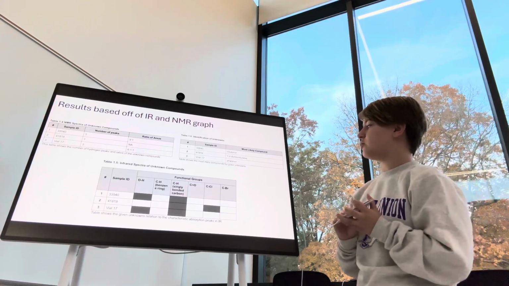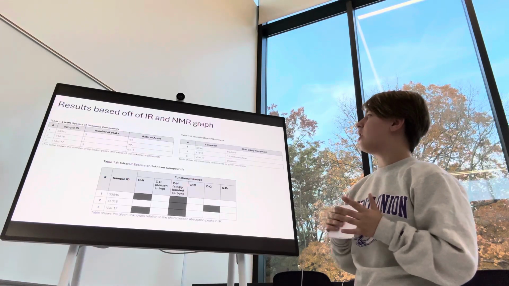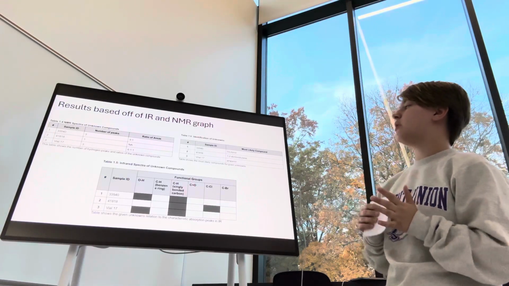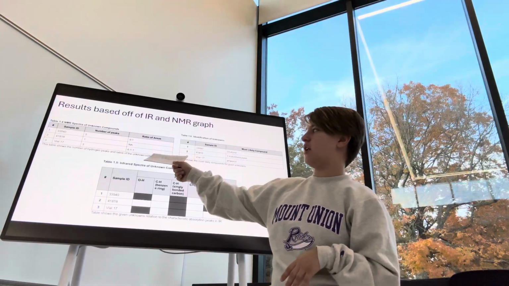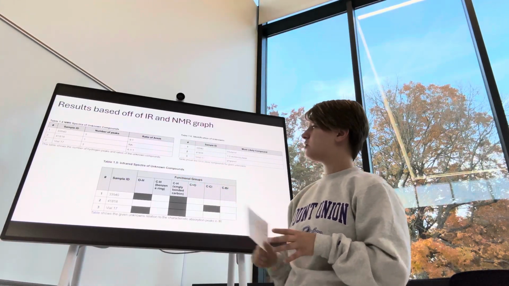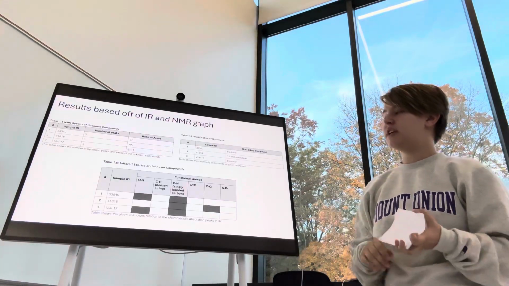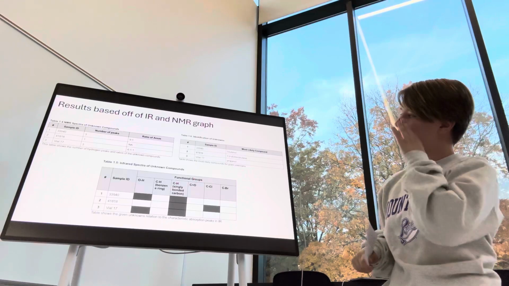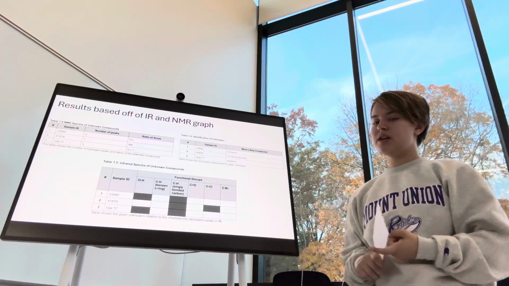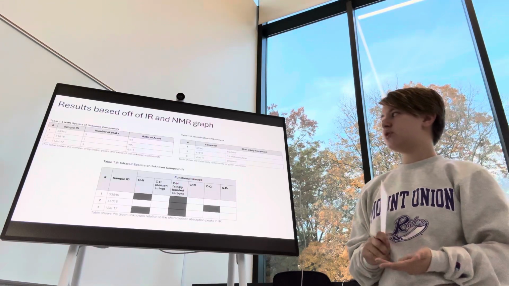Then these are the results based off of the IR and NMR graphs. Table 1.4 shows the NMR spectra of the unknown compounds, and vial 17, based off of graph 1.2, showed that there were 3 peaks and it had a ratio of 6 to 1 to 1.